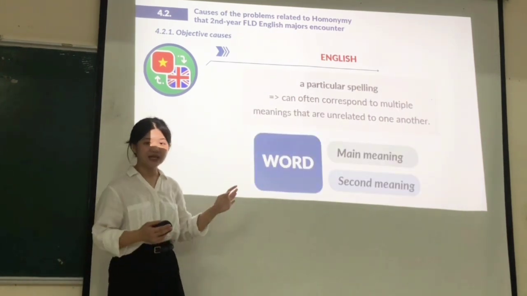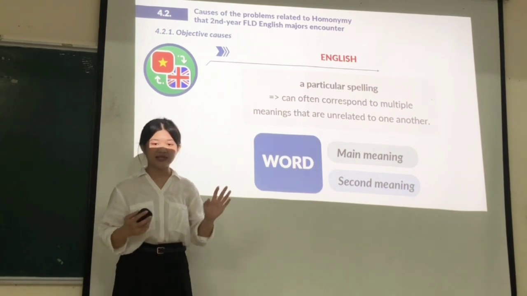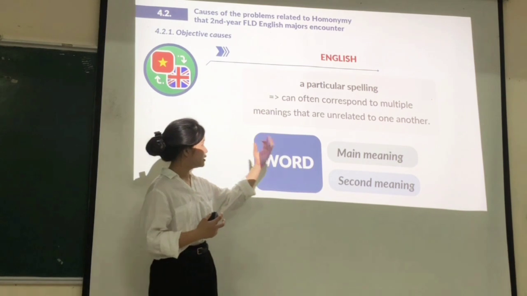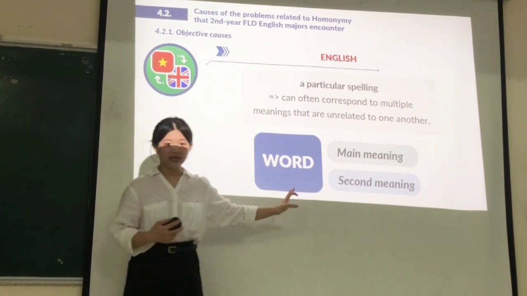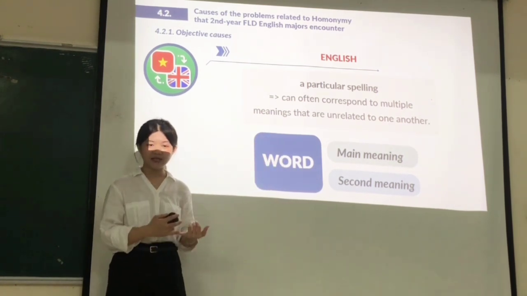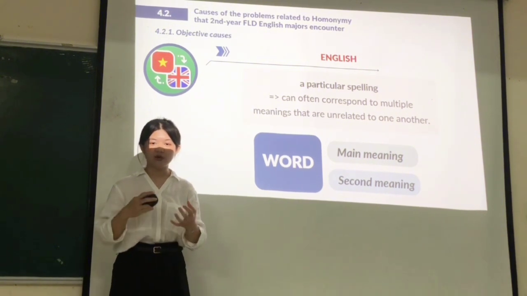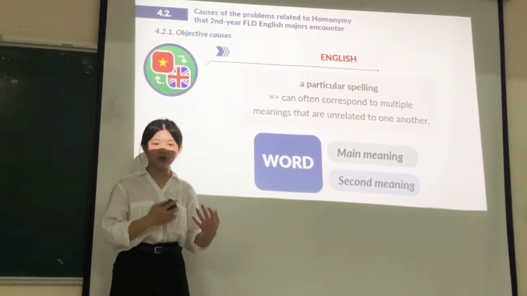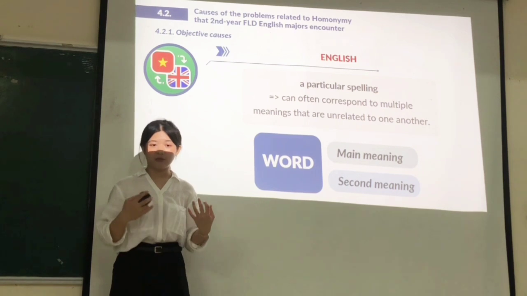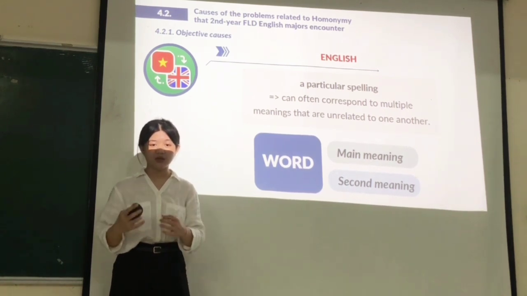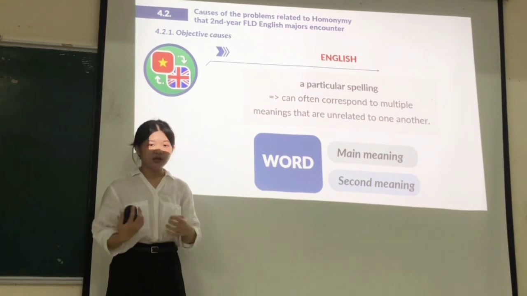Moreover, one tricky aspect of homonyms is that one single spelling can carry multiple unrelated meanings, like main meanings and secondary meanings, and learners tend to focus on the more common ones, which are probably the main meanings, and the less familiar ones tend to be ignored.